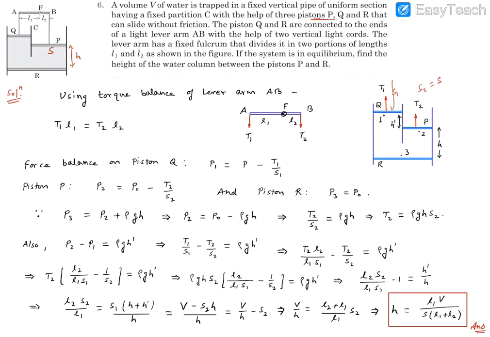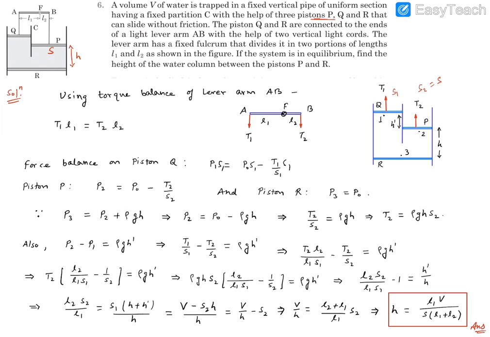Outside is atmospheric pressure P0. So we can say that P1 minus P0 is equal to minus T1 by S1. If you are wondering how I have written this, you just multiply each term by S1, so this is basically T1.